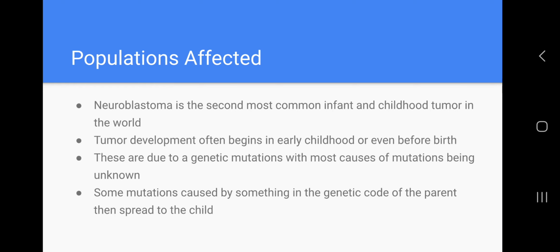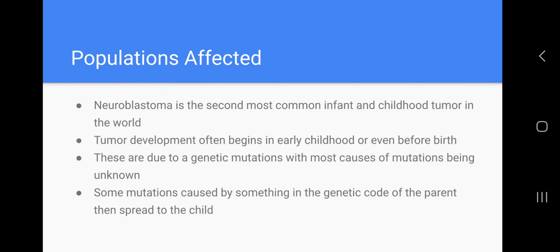So what populations or people might be affected by this disease? Neuroblastoma is the second most common infant and childhood tumor in the world. This tumor can develop in early childhood, and they've even seen ones that develop while the baby's still in the womb or just before birth.